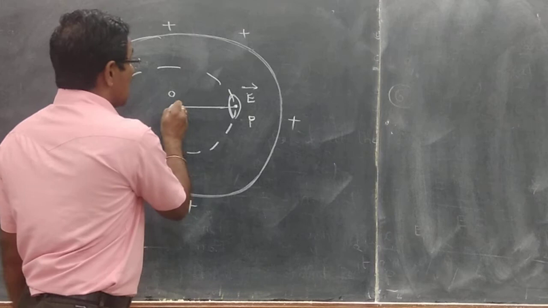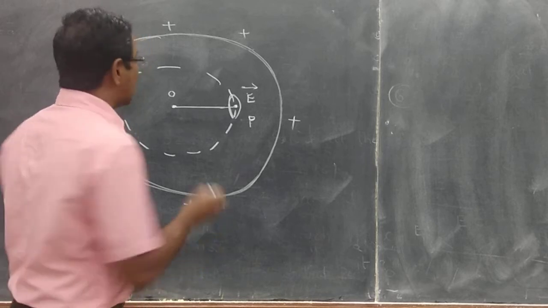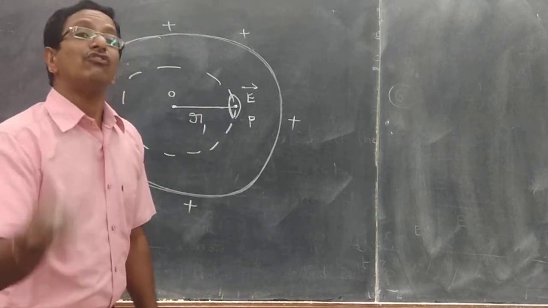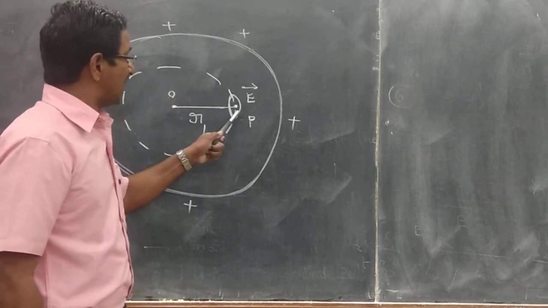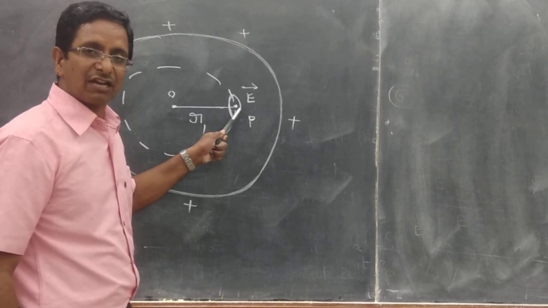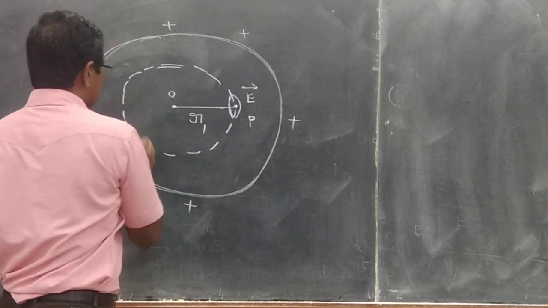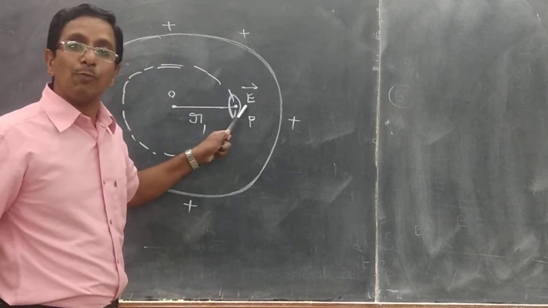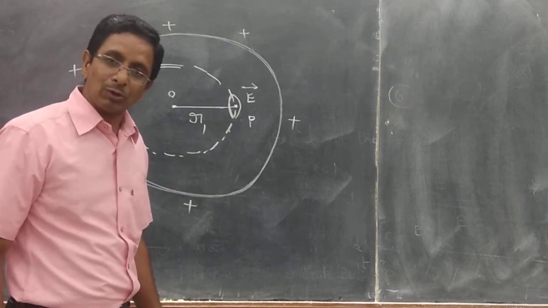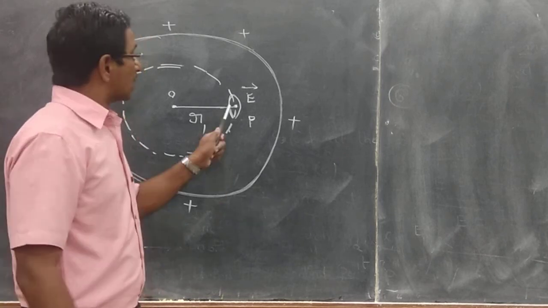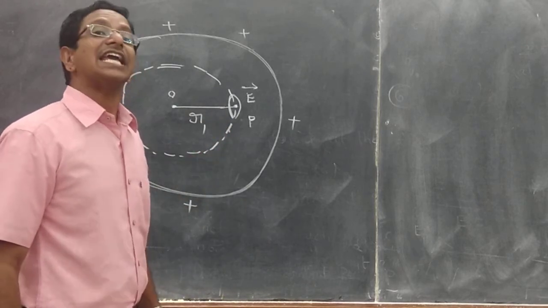Now the point P is at a distance R1 from the center O. That means our aim is to find electric field at a point P. Therefore, draw a Gaussian surface through point P. Therefore, a small amount of electric flux crossing through that small area is given by.